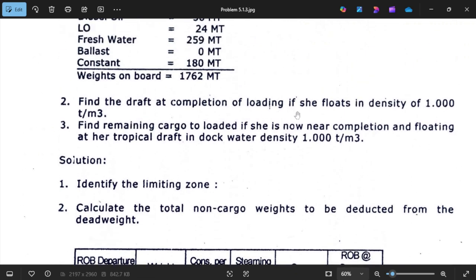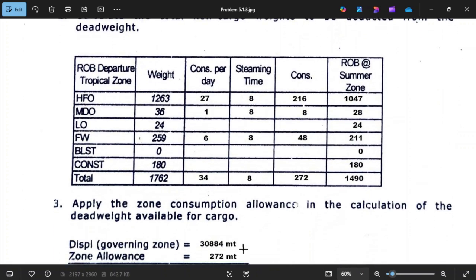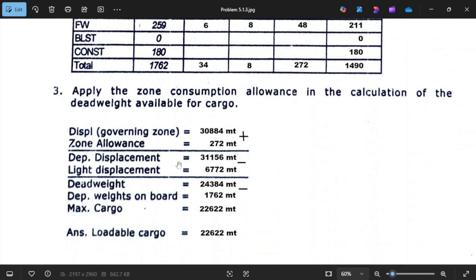Find the drop at completion when she floats in a density of 1.0 tons per cubic meter. So what is the departure density?